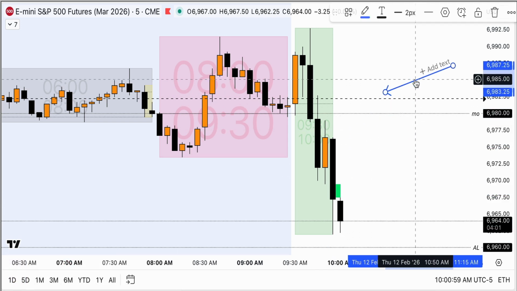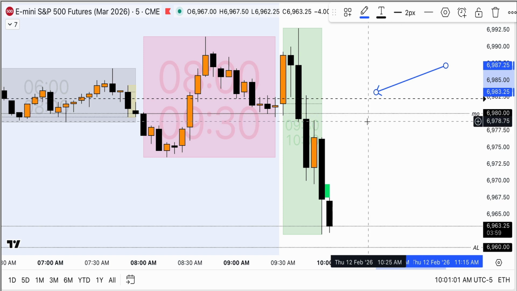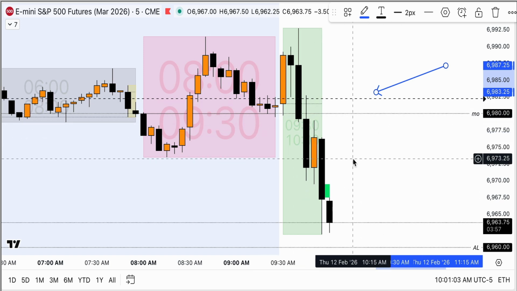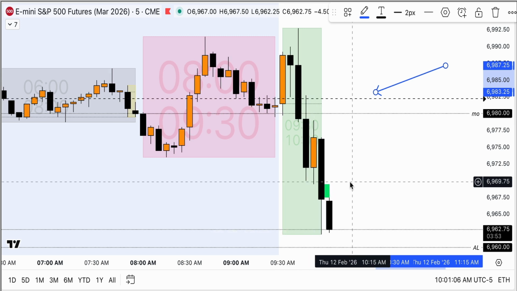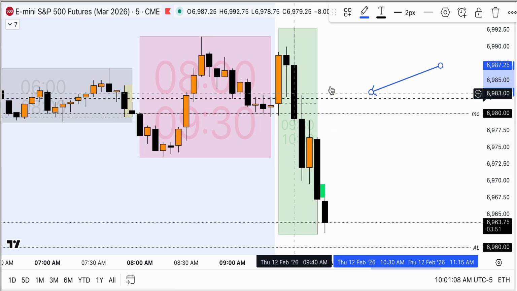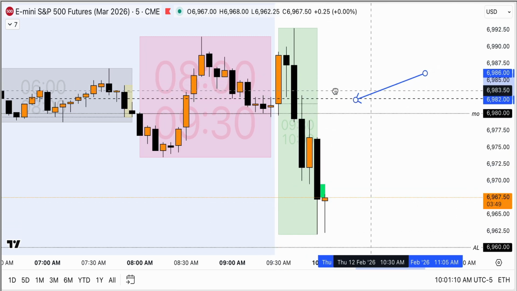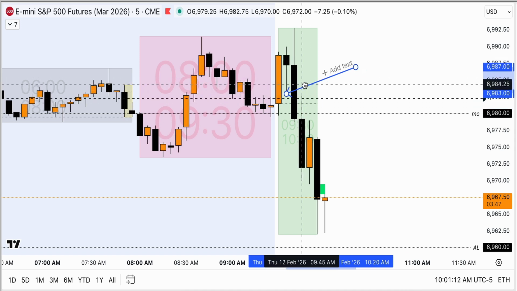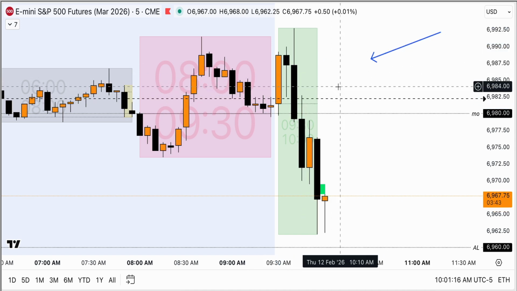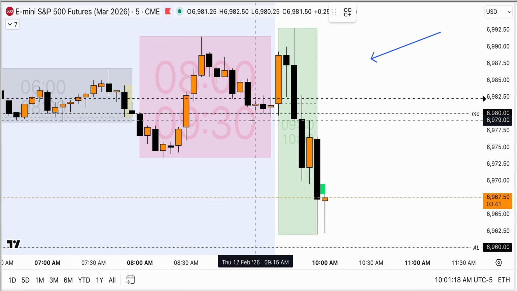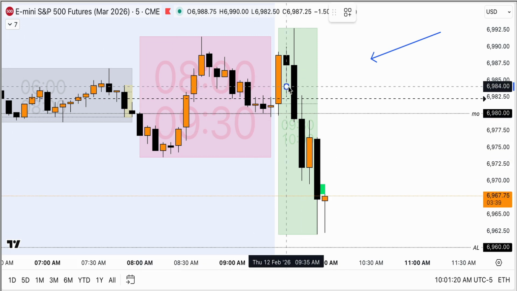Nice, simple retracement. We do not have any fair value gaps. We have one right here, but that's quite deep. We do have one potentially here, but it's hidden between these wicks.